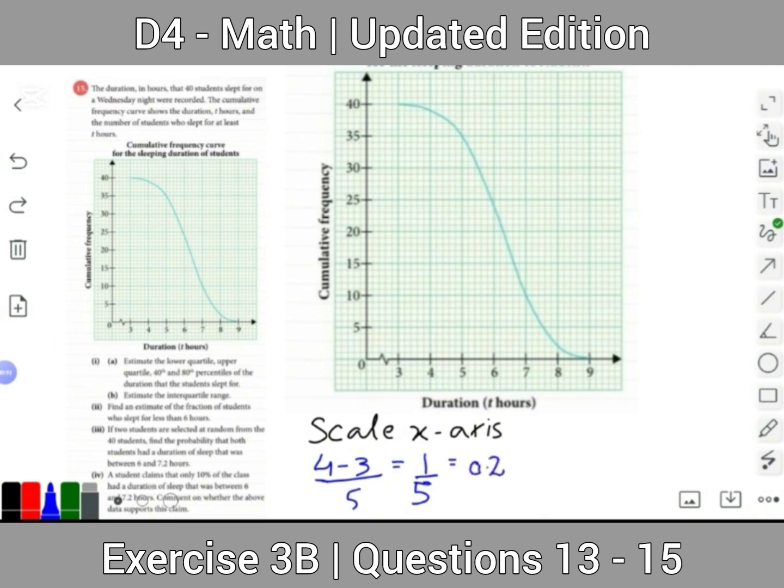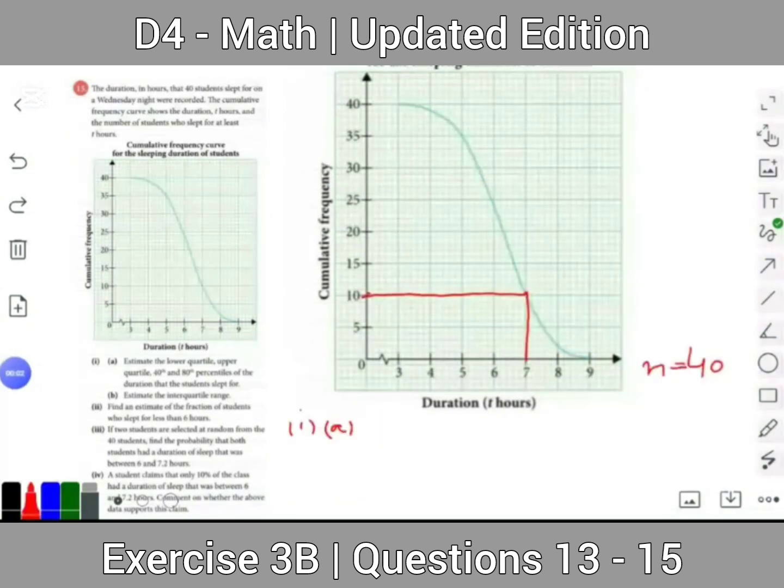So each square unit along the x-axis is equal to 0.2. Now the scale along the y-axis, we have 2 points, 5 minus 0 divided by the total number of squares, which is 5. So 5 divided by 5 equals 1. So each square unit along the y-axis is equal to 1.